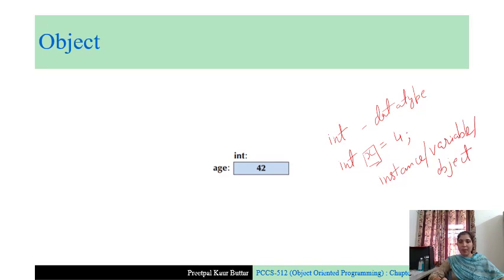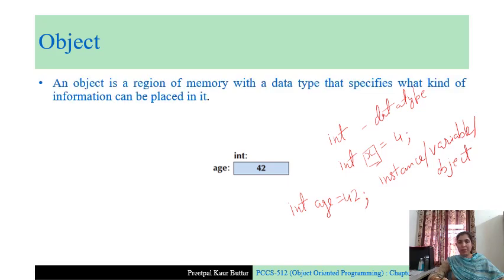So what is happening here? Here we are creating an integer. The data type is integer. The name is age and the value is 42. This 42 value will be stored somewhere in the computer's memory.